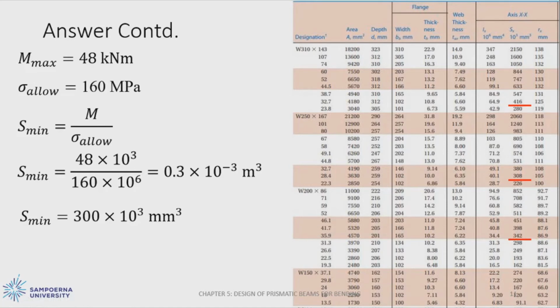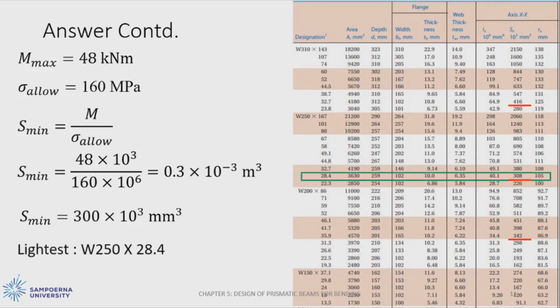So if we consider the lightest beam that we can use, we choose the W 250 times 28.4. So the lightest beam that is strong enough to hold the load, we can choose the W 250 times 28.4 kilogram per meter.